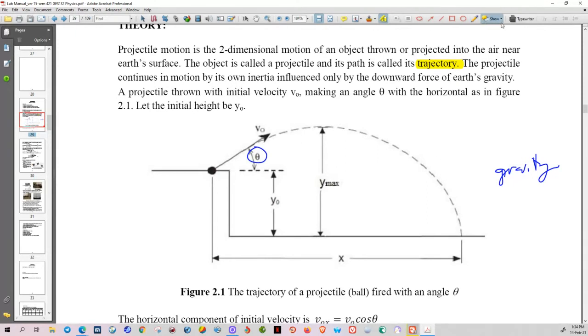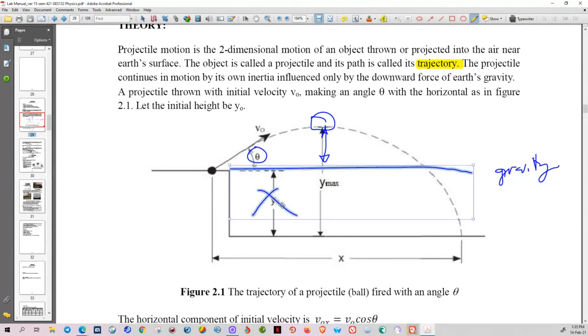Now, let's differentiate the parts of the trajectory of a projectile. The highest point here from the ground is the maximum height. Now, if you throw the projectile from the ground level, that means without the original height, the maximum height will be from here to there, like this.